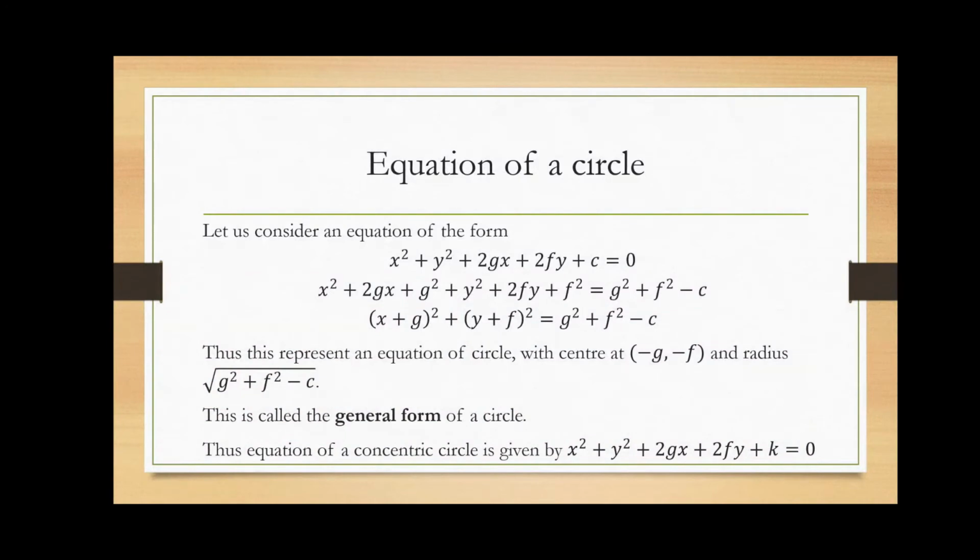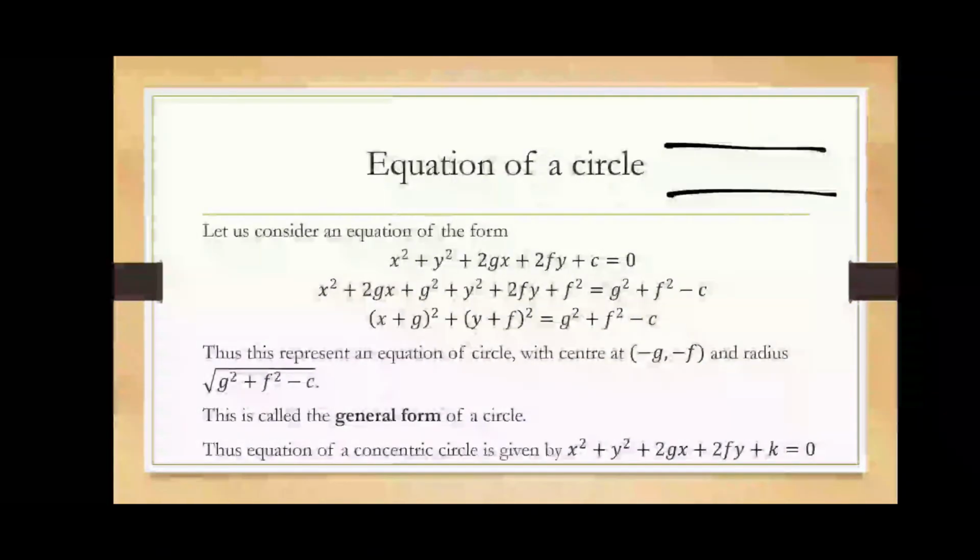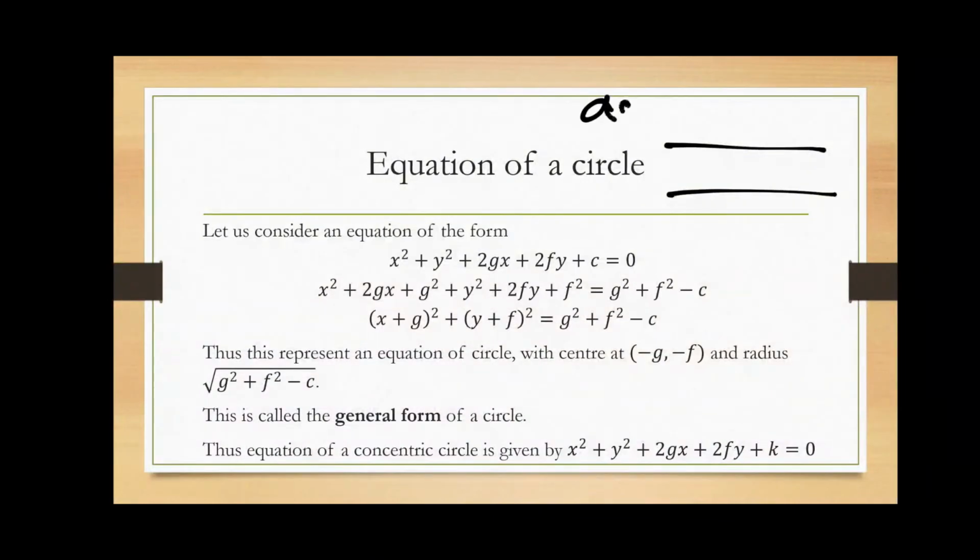You can think of this as in the case of parallel lines. Obviously if there are two lines which are parallel, if one is ax plus by plus c equals to 0, then obviously the parallel line will be ax plus by plus some k equals to 0.